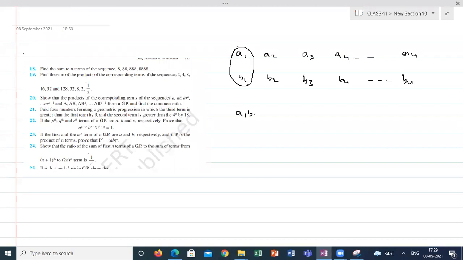He is asking A1B1 plus A2B2 plus A3B3 plus and so on, AnBn. Will you agree? Yes or no? This is the meaning of the sum of the product of corresponding terms.